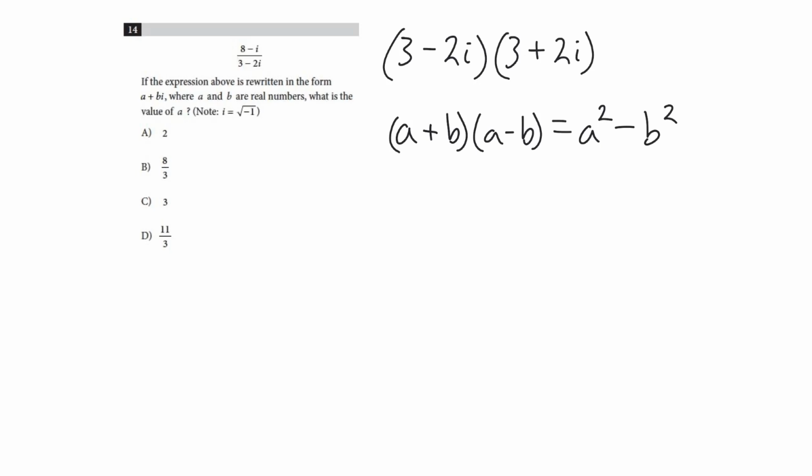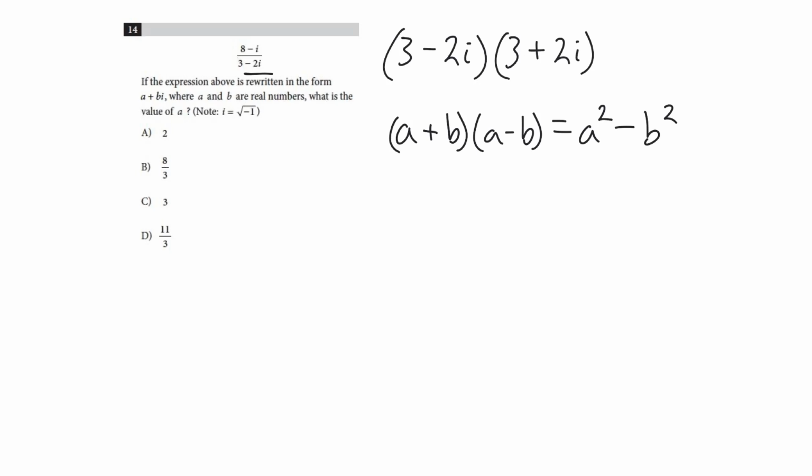I'm going to have a positive ab and a negative ab. So this is great, because what I want to do with this i is square it, because that would turn it into a real number, namely negative 1.